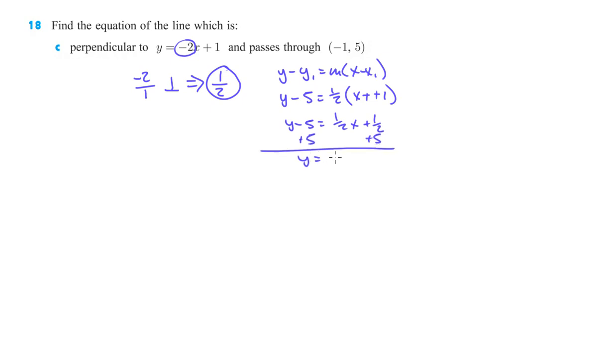And we get y equals 1/2 x plus 5 and a half. And let's see, it says find the equation of the line. It doesn't say it had to be in point slope or general equation. So I'm going to go with slope intercept here. Okay. All right, next one here is 19.